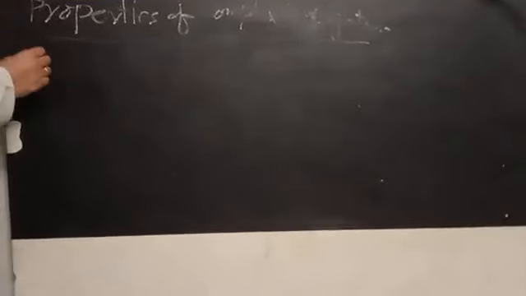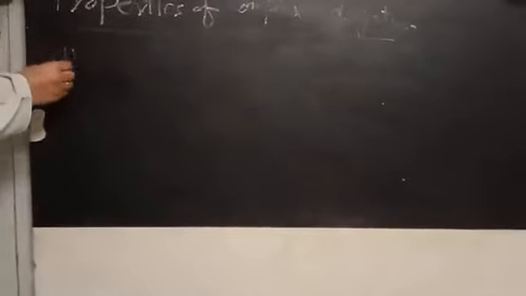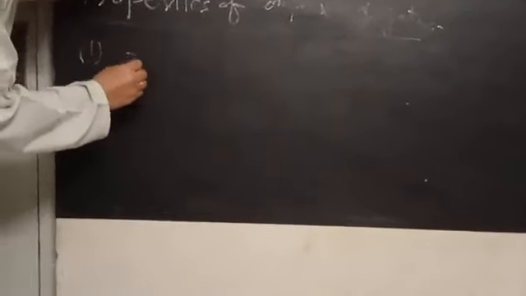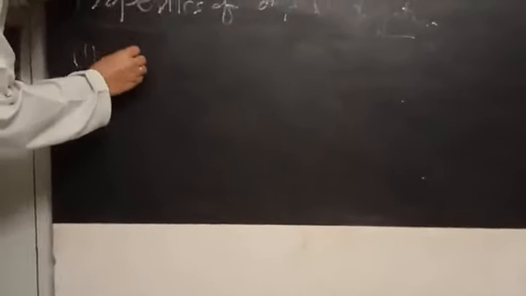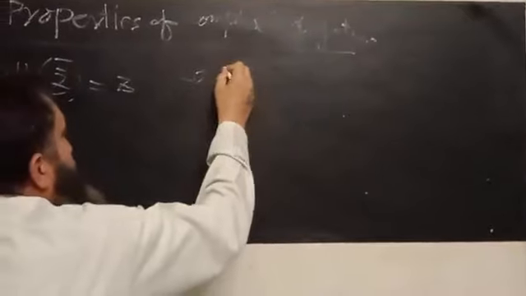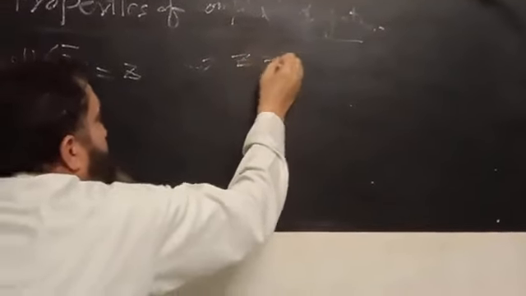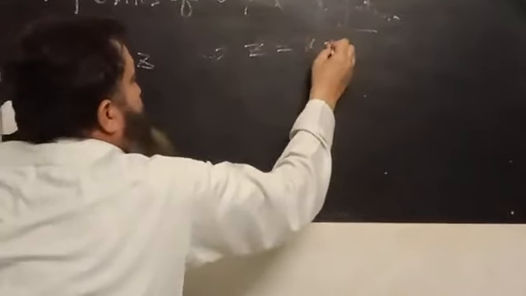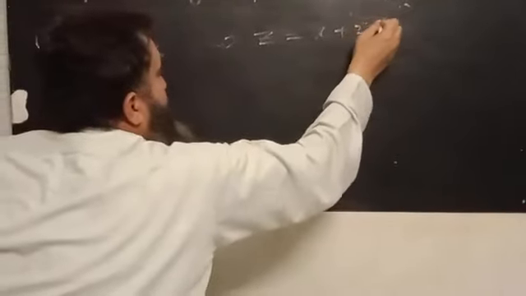First property is z conjugate conjugate is equal to z. We will prove it. Let's suppose z is equal to x plus iota y.